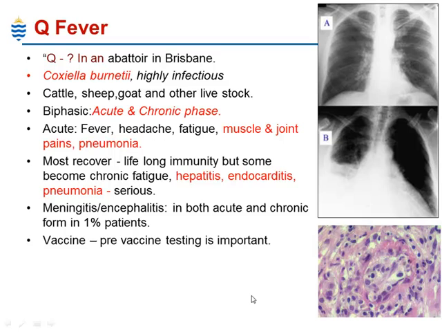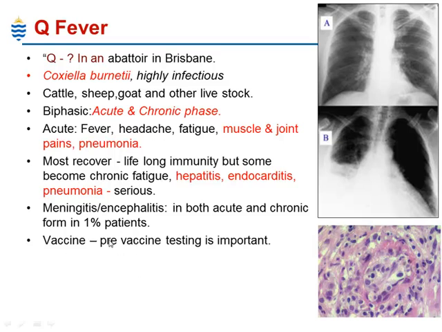Q fever: Q is not for Queensland, it is query, meaning I did not know. So, query fever, although it was found in Brisbane. Coxiella burnetii, acute and chronic phase, muscle and joints, again biphasic. An important thing to know is the vaccine. In North Queensland, most people working in this field have to have vaccines.